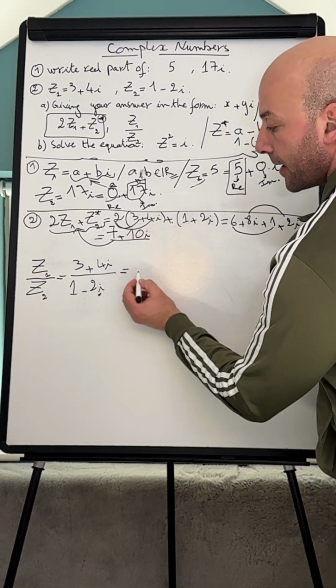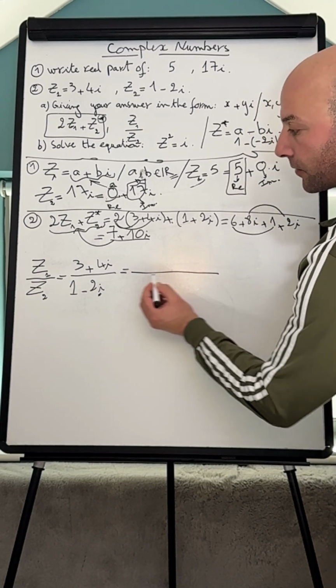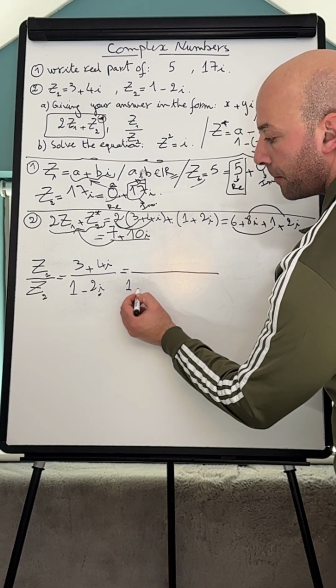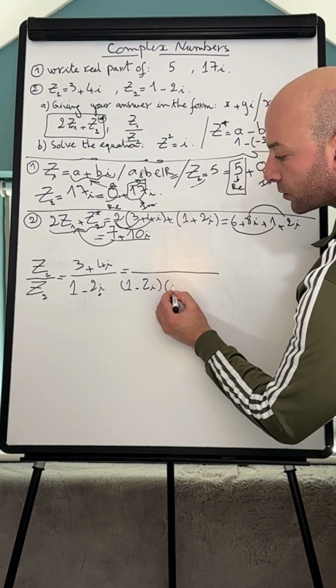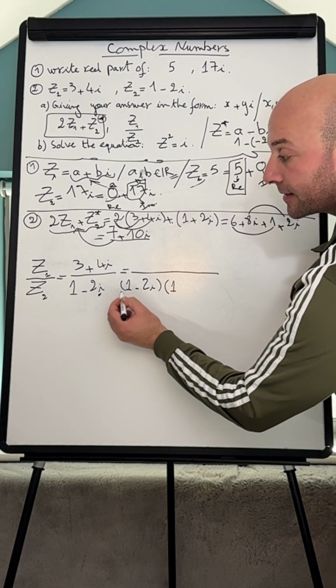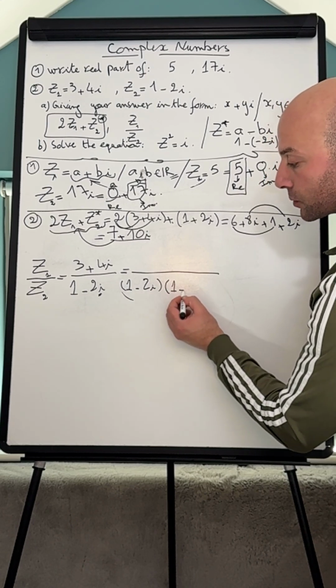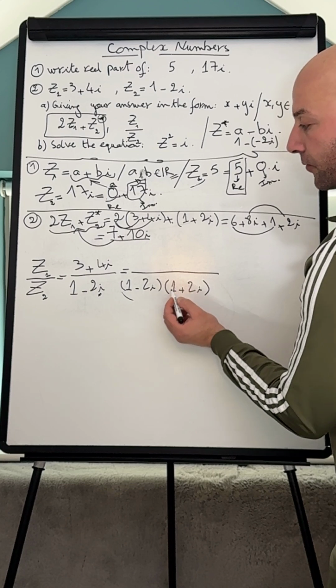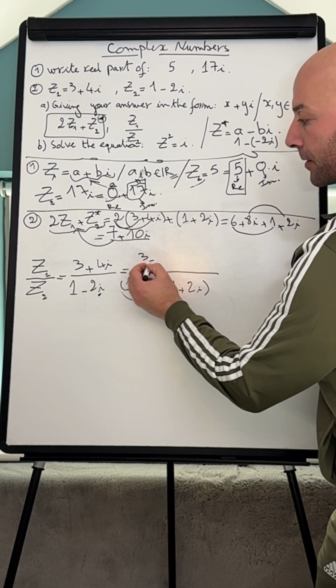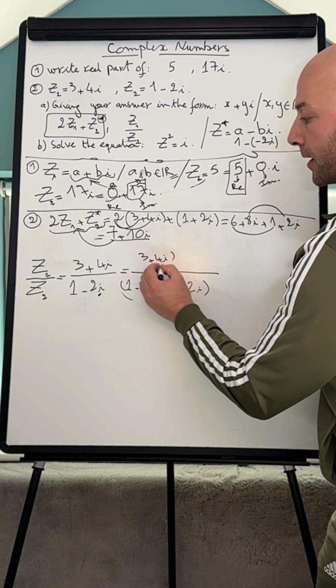Alright, let's start with the bottom side of this equation. We have 1 minus 2i. The conjugate of this complex number is 1 plus 2i. And here, we have 3 plus 4i.